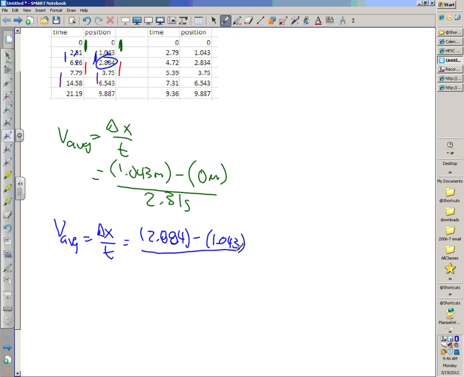For the entire trip, yes, you would go 9.887 minus 0 for the displacement, and then 21.19 minus 0 for the time. Okay? But then for each individual section here, let me finish this off just so it doesn't look funny, then you'd go 6.26 minus 2.31, like that for the time.